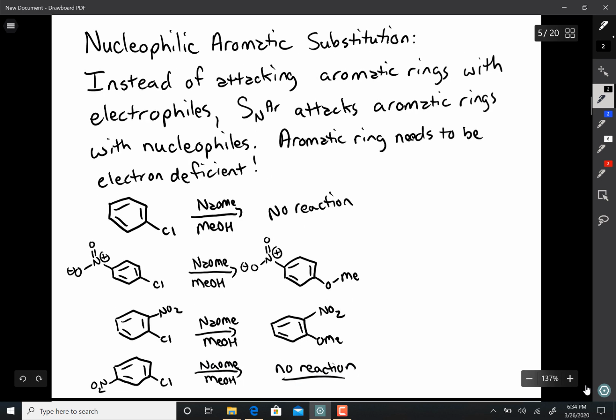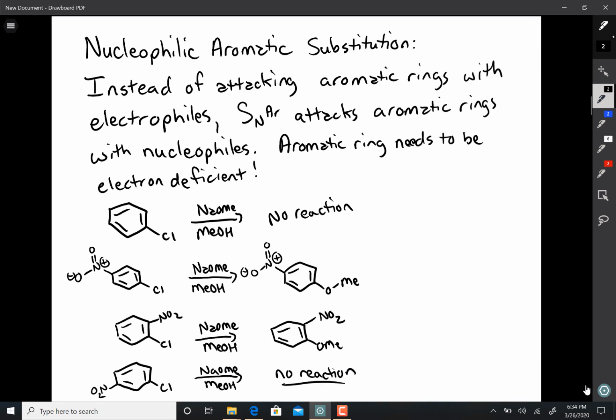So not only do you need to have a strong electron withdrawing group, in this case a nitro group, you also need to have it very specifically located, either ortho or para, to your leaving group.